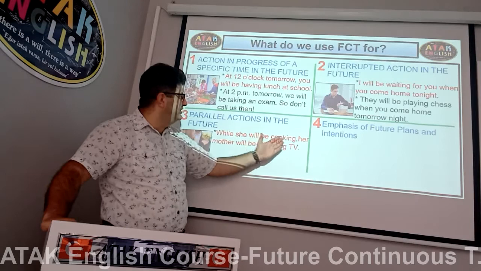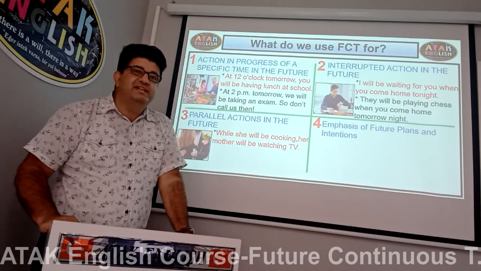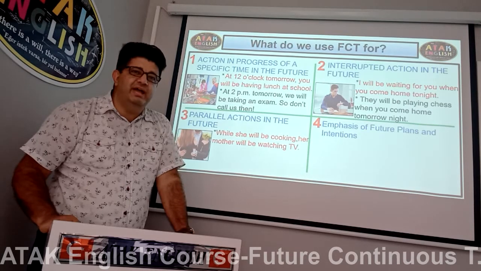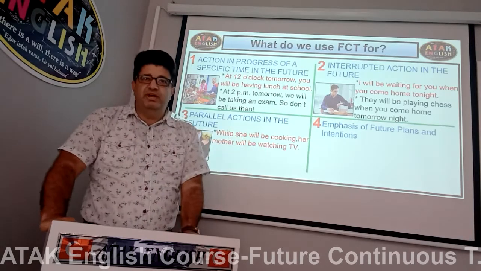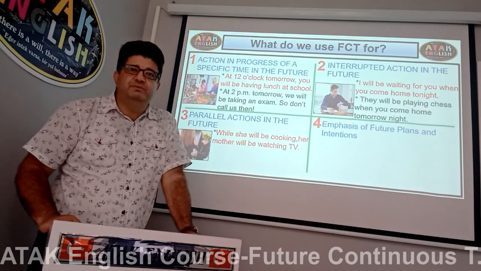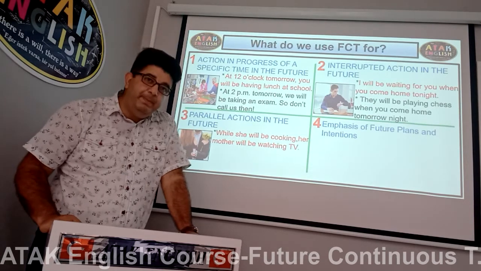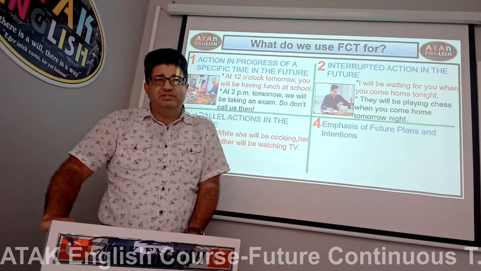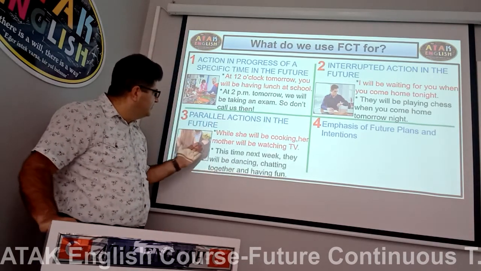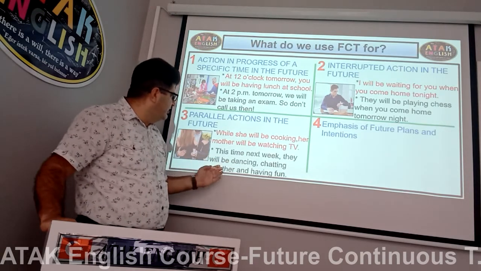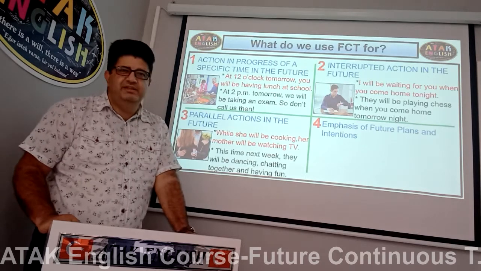That's what we call parallel actions. There is no relationship between these 2 actions. All we need to know is that 2 different actions are happening at the same time, not stopping each other, not interrupting each other. Here comes another one. This time next week, they will be dancing, chatting together, and having fun.